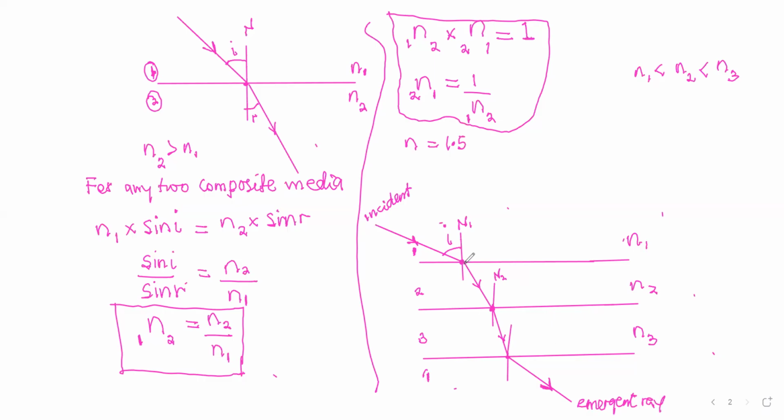Refraction would occur at boundary A, another boundary B, and C. Please note that refraction occurs at the boundaries. When the light hits the boundary separating two media, then the light will be refracted.